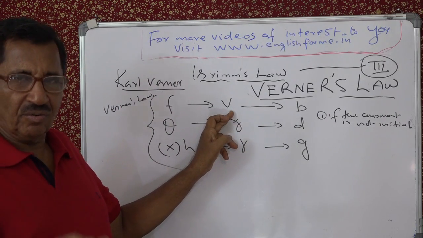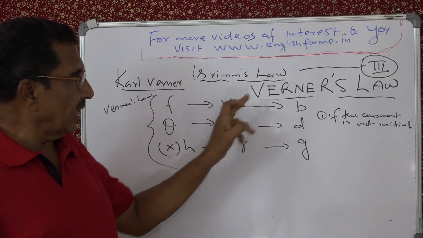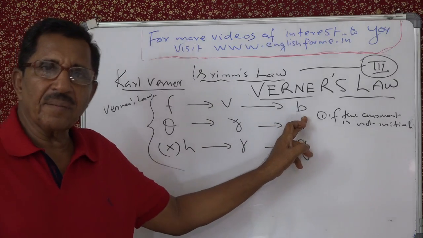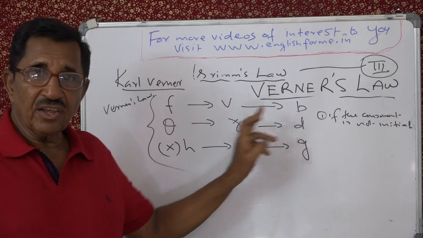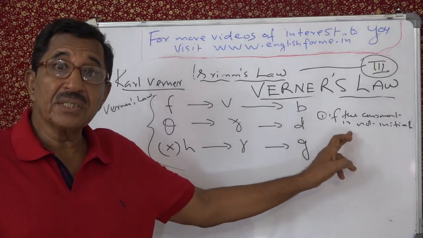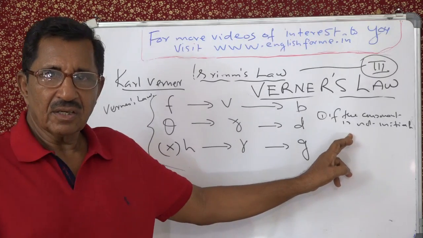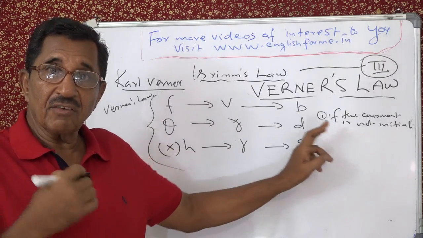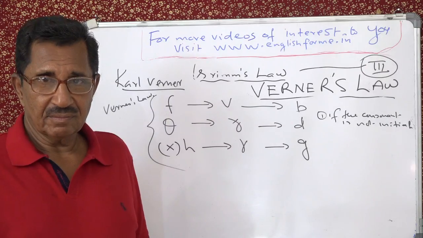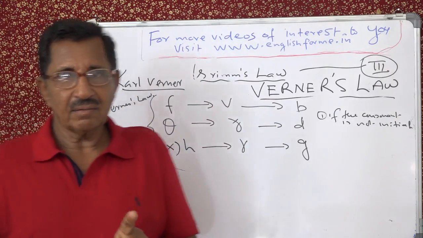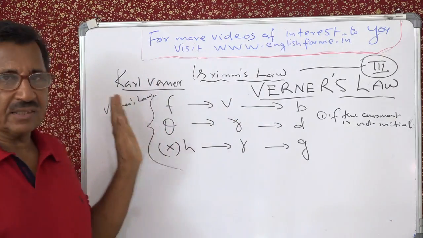Just now we showed you, that is leaves. And then it has a tendency to become b. Leaf, leaves. If in your language b is a strong sound, then v becomes b. If it is the beginning, it will remain as such.